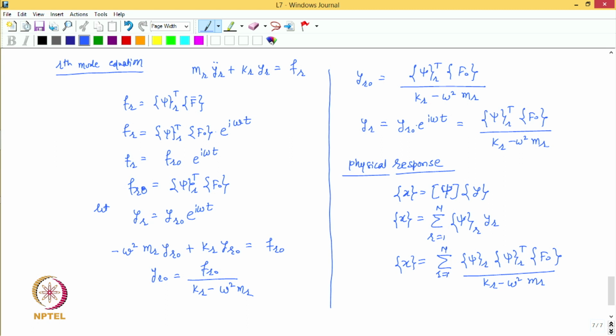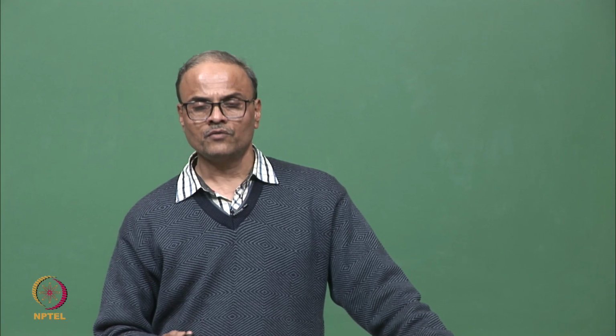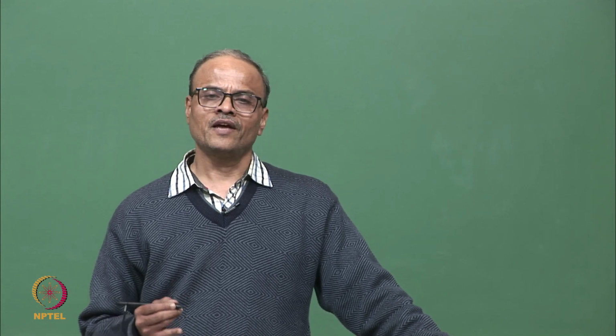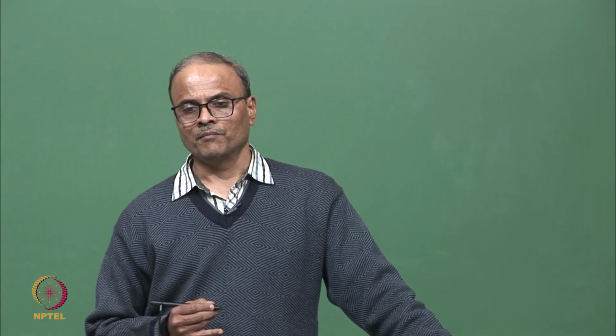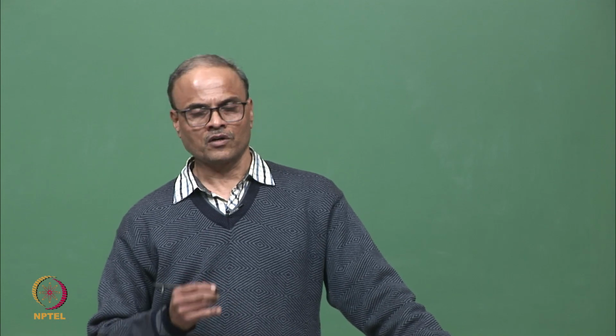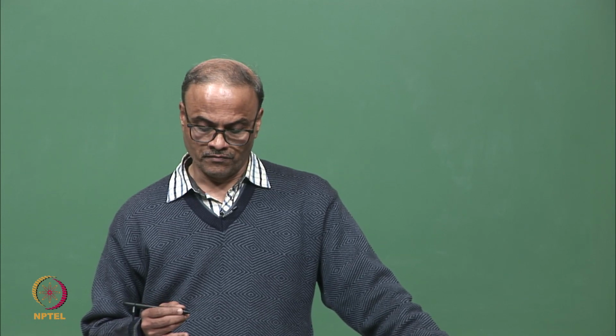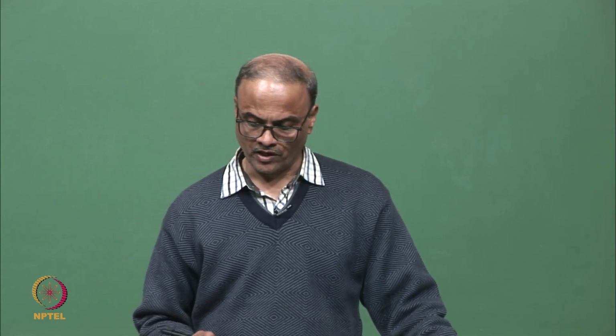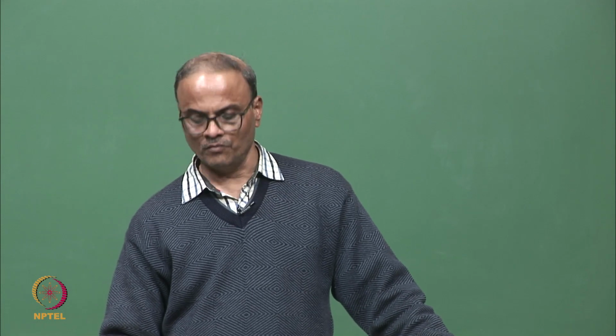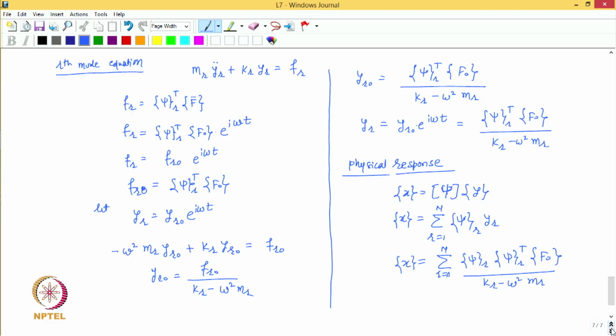Now, this is the equation in terms of the eigenvectors psi, and we have not yet considered any particular normalization scheme for the eigenvectors. But we can rewrite this equation in terms of the mass normalized eigenvectors, by replacing these eigenvectors by mass normalized eigenvectors. So, let us divide the numerator and denominator by square root of mr.